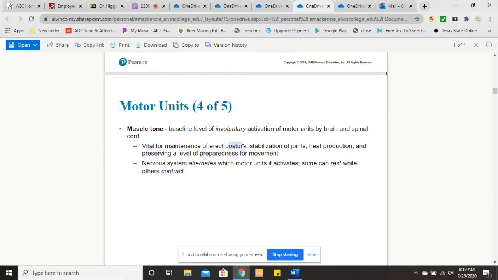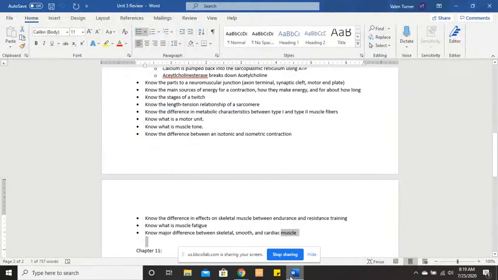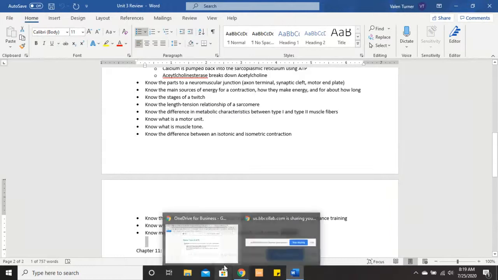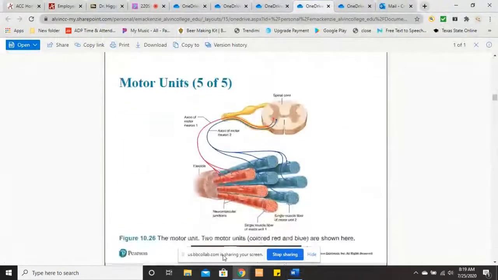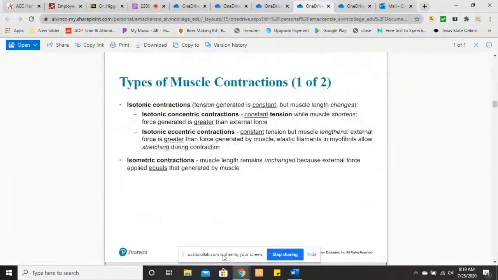You don't think about it because that's muscle tone you're experiencing. You're experiencing your skeletal muscles contracting involuntarily. That's all muscle tone is. And there's good reasons for it. We look at the different types of contractions. Let's go look at it. Not only do you know that you can contract, now you know there are different types of contractions.